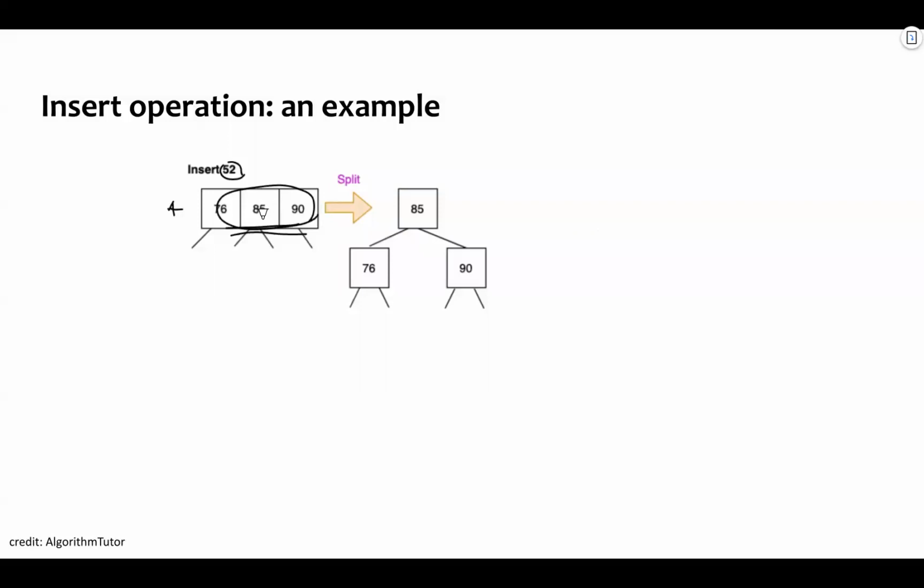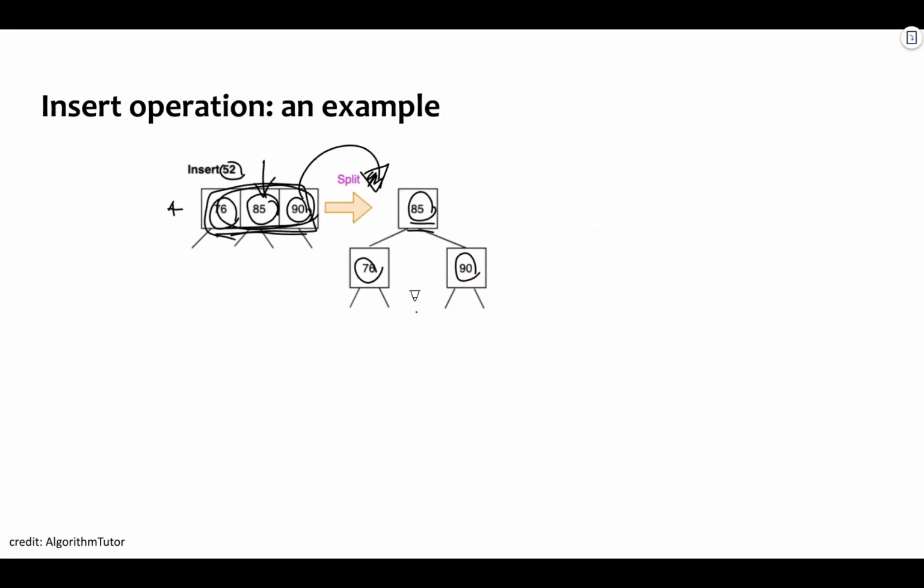So what we usually do is make this center node as a parent node and the right and left ones as children of this center node.